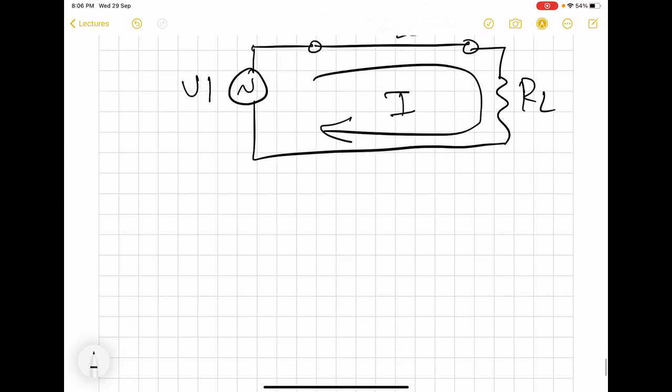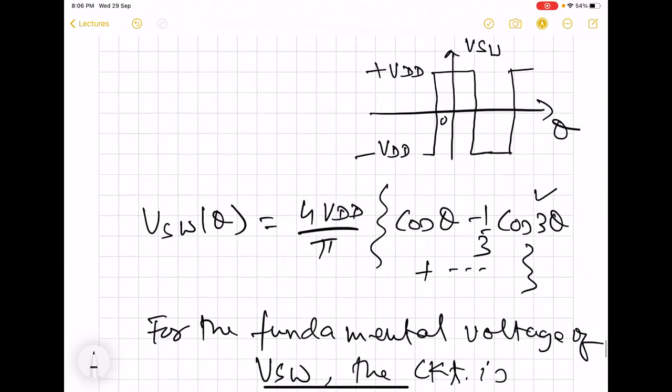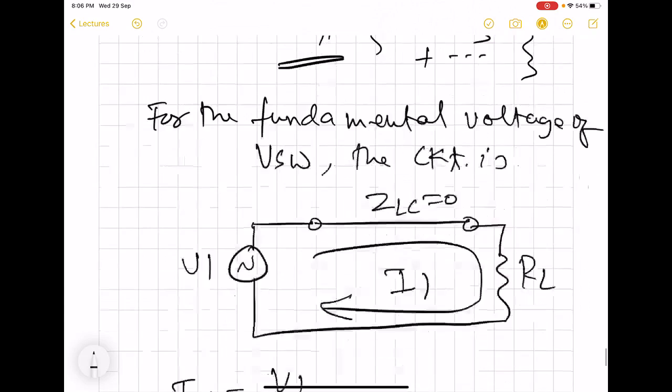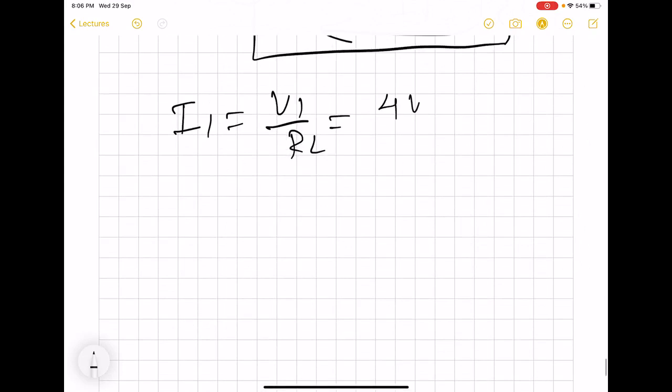So there is going to be fundamental current I1, and that is going to be V1 by RL. And V1 we can see is now 4 VDD by pi. This is the amplitude.